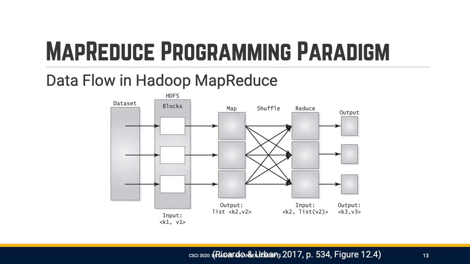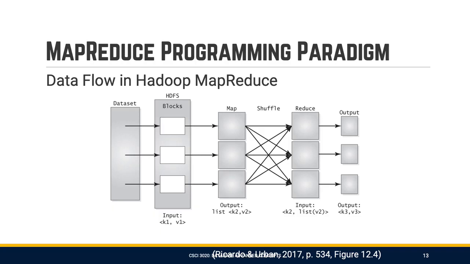You're mapping out the keys and the values that you want to actually operate on. The shuffle step then takes that data and moves it to the location where you'll be doing the reduce step. The reduce step then aggregates that data that you have, and then finally you produce output from that situation.